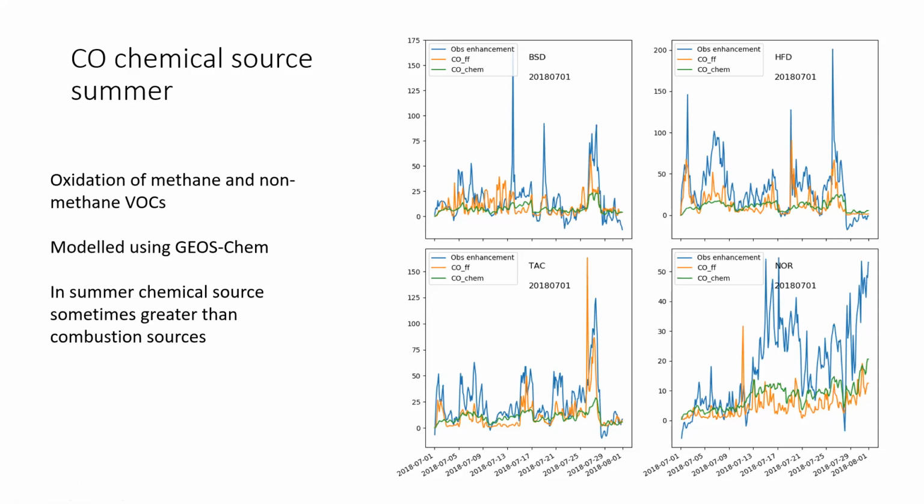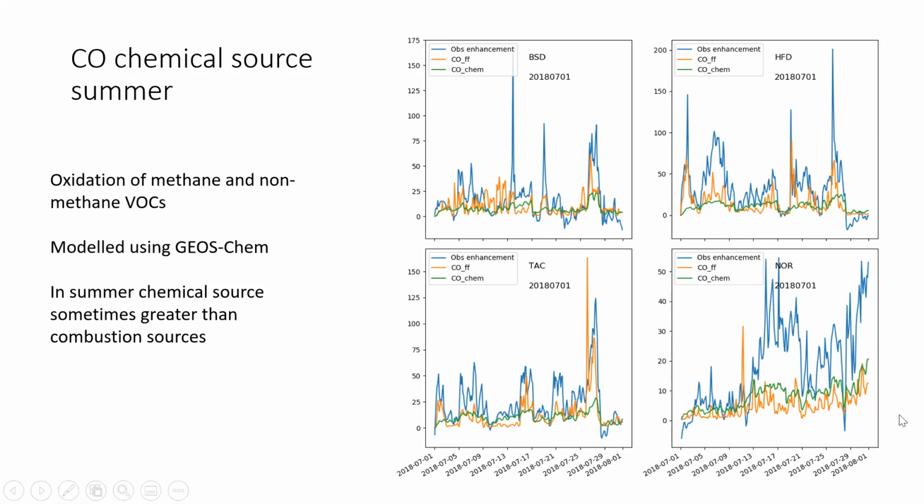We show Bilsdale in the top left, Heathfield, down in Sussex, in the top right, Tacolneston in East Anglia in the bottom left, and this site in Sweden in the bottom right, just to show that this effect can be really pronounced.